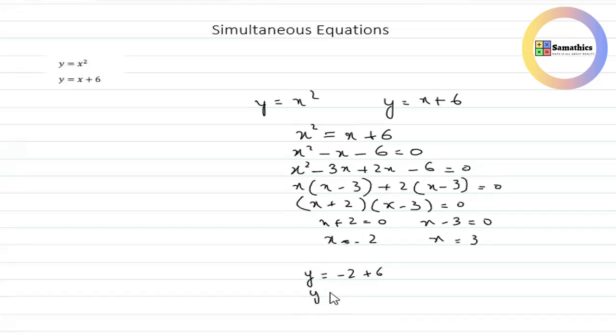So y is equal to 4, and here y is equal to 3 plus 6, and y is equal to 9. At the end, you have to write down the answer in coordinate form. Like here you have to write minus 2 comma 4, and here it is 3 comma 9.